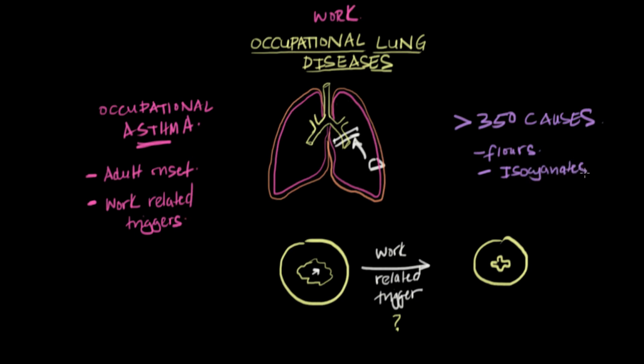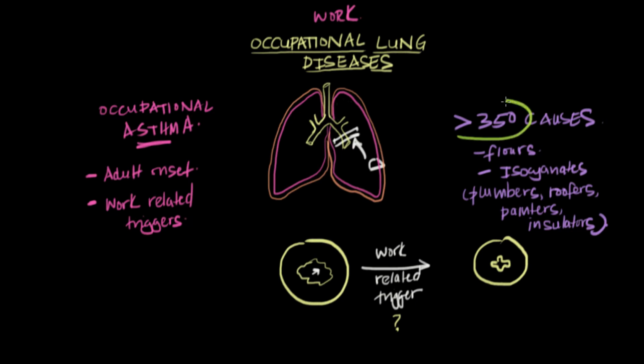Isocyanates are molecules that different industry workers, such as plumbers, those who work with roofing, painters, and also insulators, can oftentimes become exposed to. And something really important to keep in mind is that even though there are 350 identified causes, not everyone exposed to one of these causes is going to develop occupational asthma.